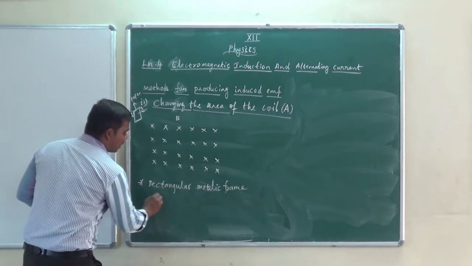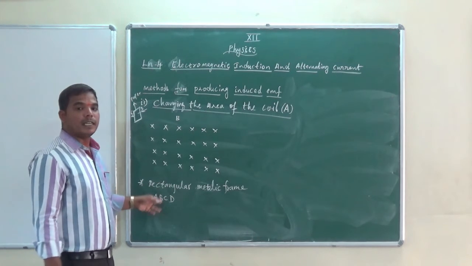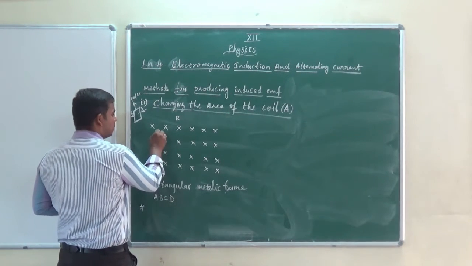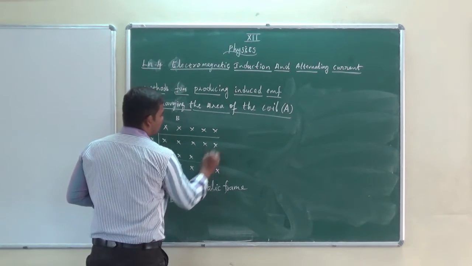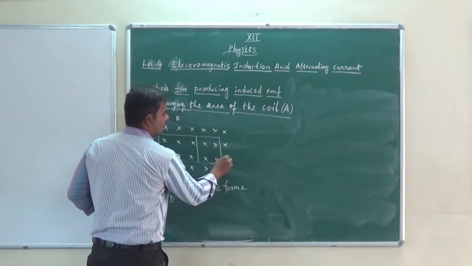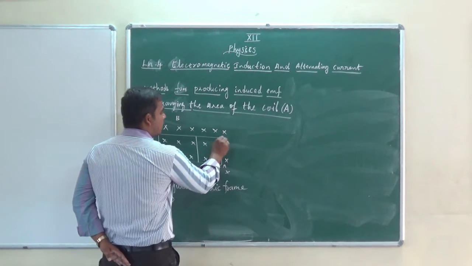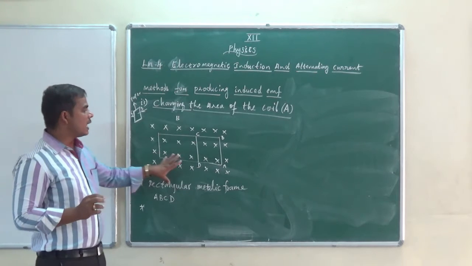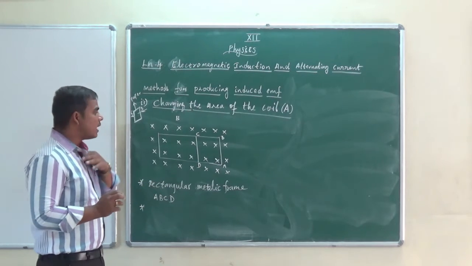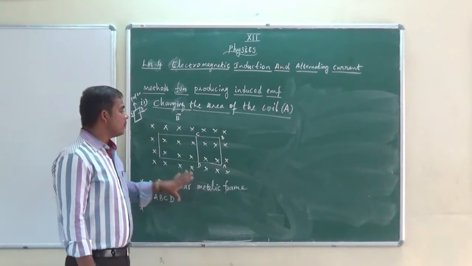That rectangular metallic frame is represented by the name A, B, C, D. Now I will draw that rectangular metallic frame in the uniform magnetic field and fix it. I mark the points A, B, C, D. This is the rectangular frame, A, B, C, D, placed in the uniform magnetic field.